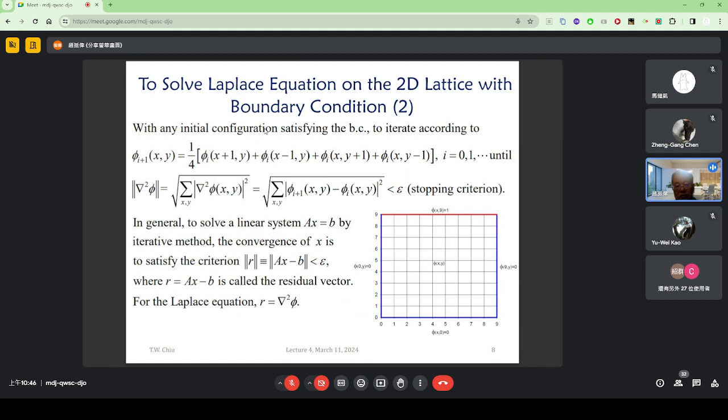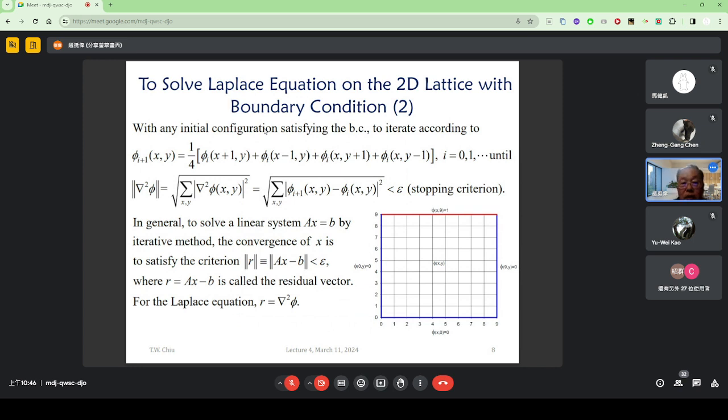That means the boundary condition is fixed, but the inside could be anything you like. You can set them all to be 0, fine. You can set them all to be 1, fine. You can set the field to be random values, fine. It doesn't matter what kind of initial configuration. Eventually, you get the configuration of field values that satisfies the Laplace equation.